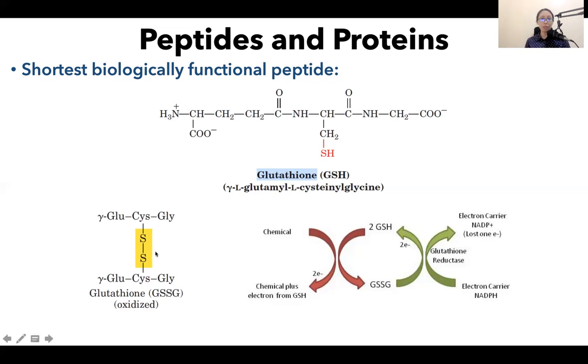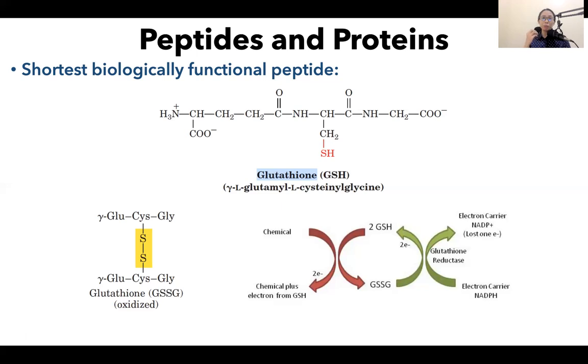So in the process, it releases two electrons. Now, what is this about? Undergoing oxidation. Why? It's to protect other biomolecules like your DNA, the lipids found in your cell membranes, carbohydrates.